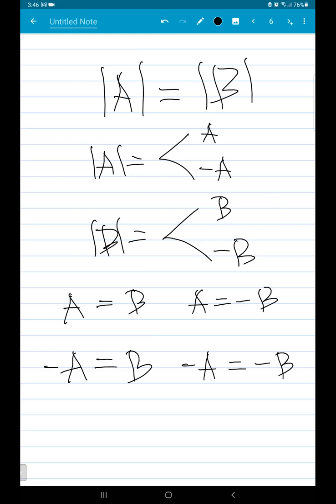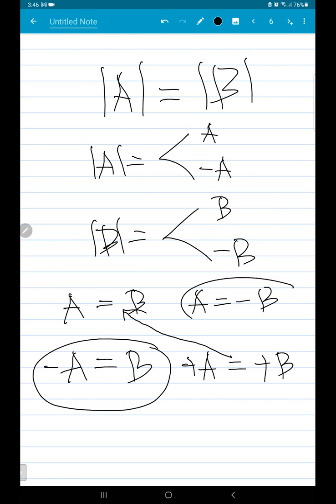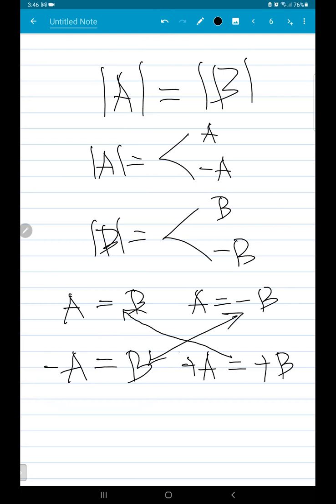Notice here that if I just multiply by -1, I get the same as this case. Similarly here, if I multiply this one by negative, you get the other. So ending with just really two cases. So let's proceed to solving.